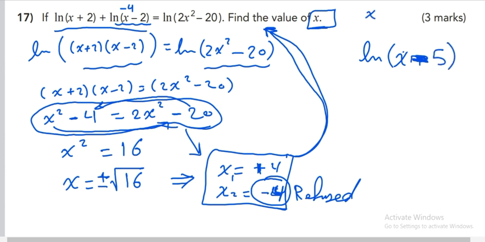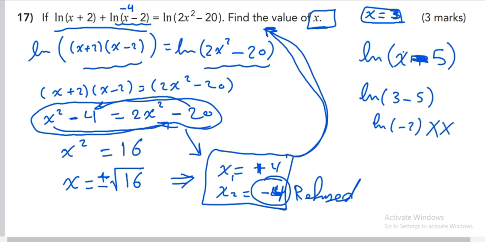And we got the value x equal 3. Here the value of x is positive, but is it accepted to be put here? No, because if we put in 3 minus 5, ln of negative 2, refused. So here don't refuse the negative value for x directly. You have to substitute each value of x. The value which makes the expression inside the ln negative is refused.